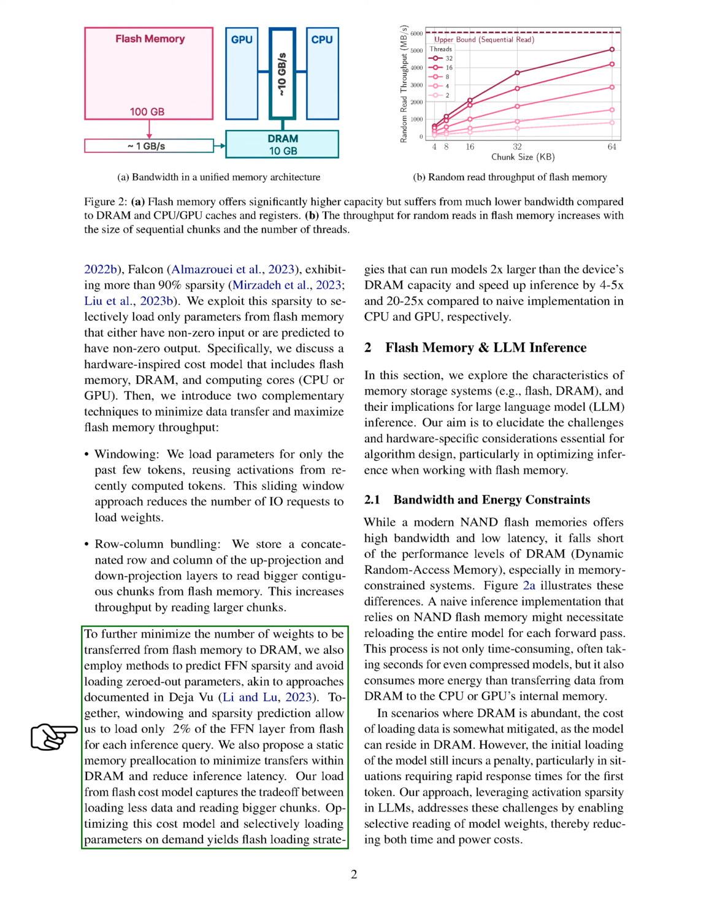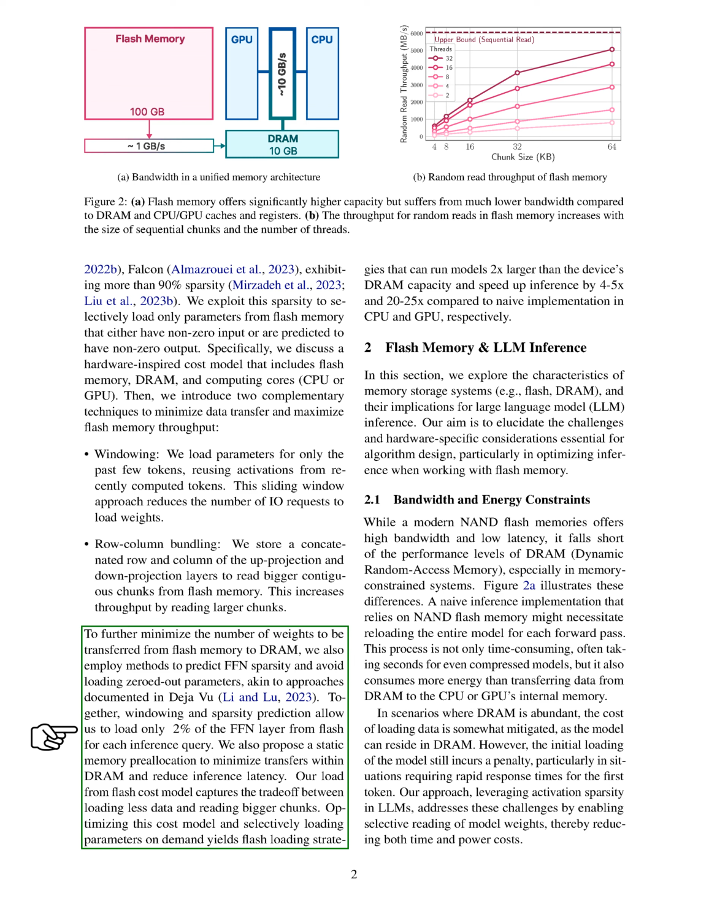To further minimize the number of weights to be transferred from flash memory to DRAM, we also use methods to predict FFN sparsity and avoid loading zeroed-out parameters. Together, windowing and sparsity prediction allow us to load only 2% of the FFN layer from flash for each inference query. We also propose a static memory preallocation to minimize transfers within DRAM and reduce inference latency.